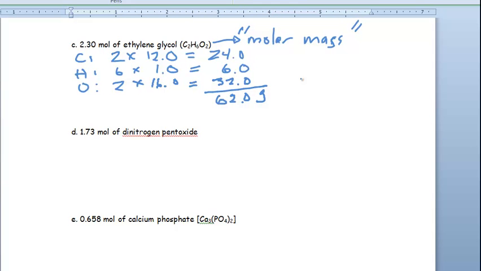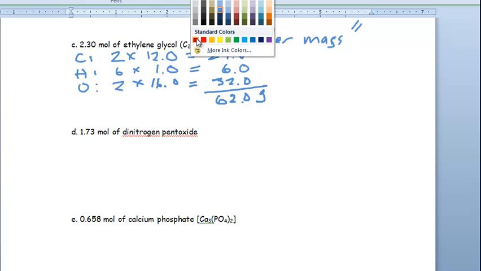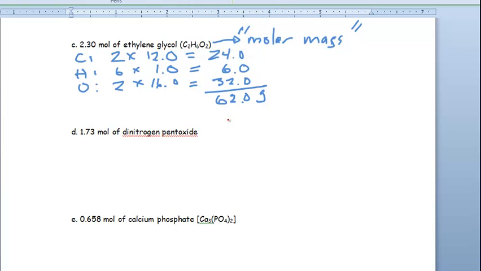Now, I'm going to go over here. We want to convert 2.3 moles of this stuff. So we're trying to get the number of grams. So number of grams equals 2.30 mole times, and then we draw the line.